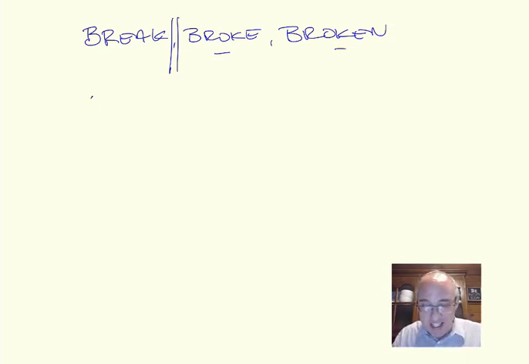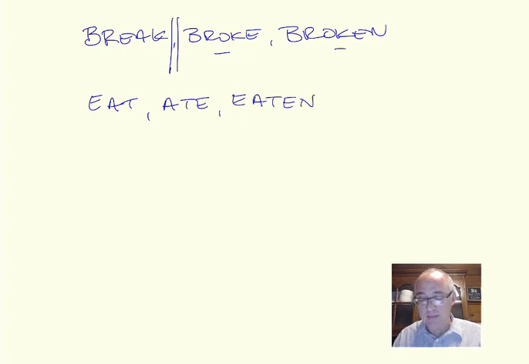Here's another one. Eat, ate, eaten. I eat. You eat pizza. You are eating pizza. We would never in the present tense say, oh, you eaten pizza, because people would stop and think, wait a minute, that person must mean, have I eaten pizza?